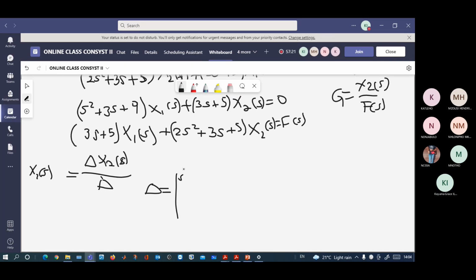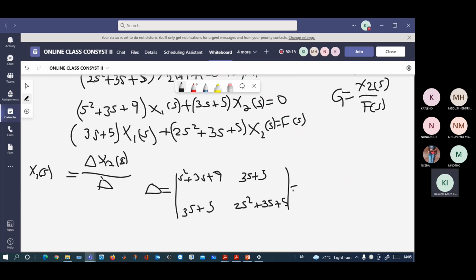So we're going to have s squared plus 3s plus 9, this is going to be 3s plus 5, and there we have also 3s plus 5, and 2s squared plus 3s plus 5.